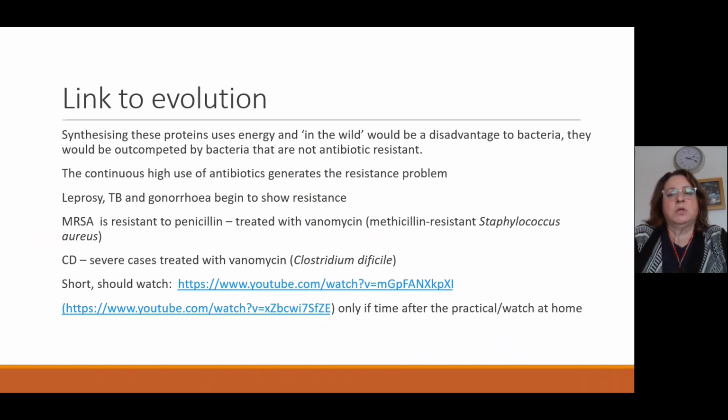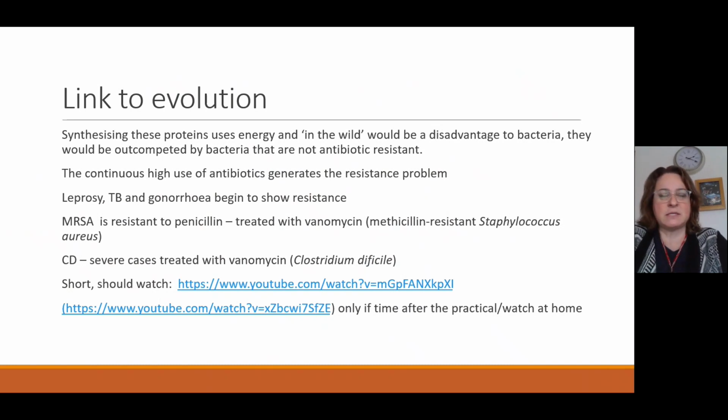Now, in the wild, you would have a disadvantage of bacteria that have got some sort of antibiotic resistance, because antibiotic resistance only is a benefit if you've actually got antibiotics about. There's otherwise no point in making, let's call it an antibiotics pump, and bacteria having that antibiotics pump to pump the antibiotic back outwards.